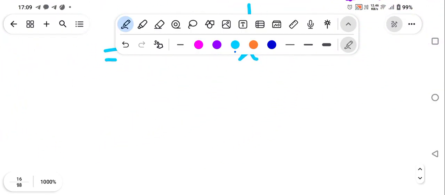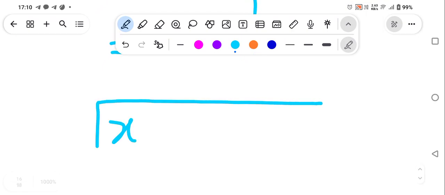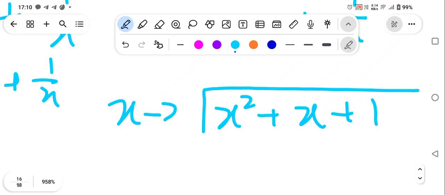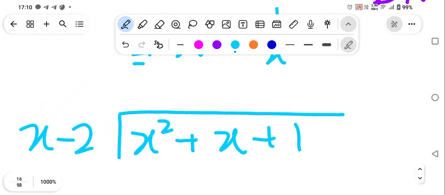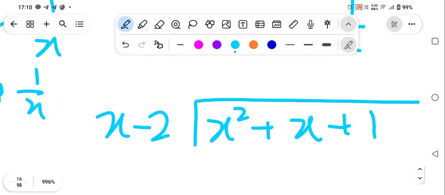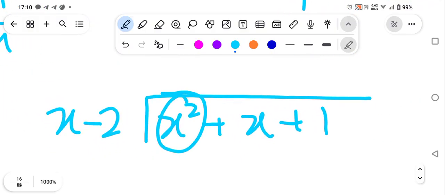Let's try something harder. So what about x squared plus x plus 1 divided by x minus 2? This will get a little bit tricky, so bear with me. The first thing we're gonna do is try to cancel out the x squared.